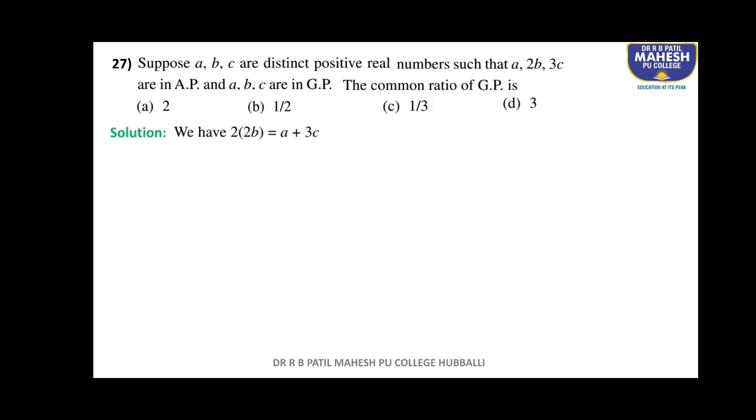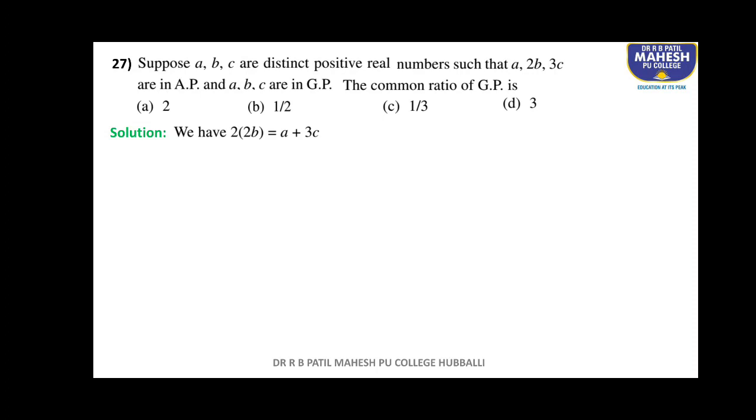We have a, b, c as distinct real numbers, and a, 2b, 3c are in AP, which means the middle term is the arithmetic mean of the two given numbers a and 3c. Therefore we can write 2 into 2b is equal to a plus 3c.